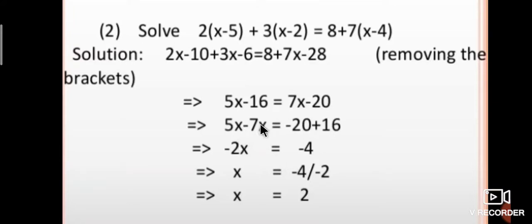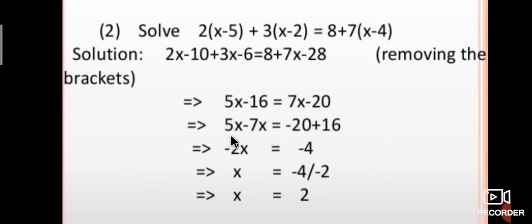Therefore, 5x, 7x transposed from the right hand side to the left hand side becomes minus 7x, is equal to minus 20. Transpose minus 16 from the left hand side to the right hand side, it becomes plus 16.